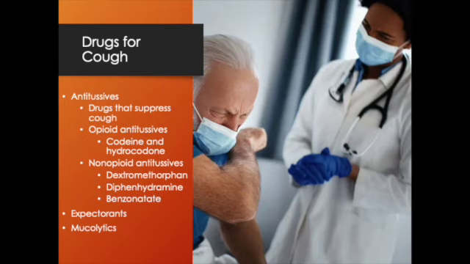This productive cough is characteristic of chronic lung disease. Think about emphysema, asthma, bronchitis. And we don't want to suppress it because we need for all of this to come up and be released. So that production is good.